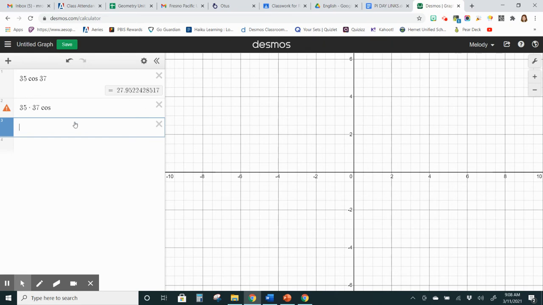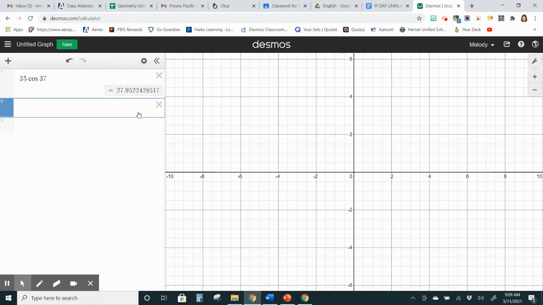Yeah, it doesn't like it because it doesn't work in Desmos, and most Androids don't work that way either. Only if you're using iPhone, you have to type the 37 and then the cosine. So it's a little weird. And then hit equals after that, by the way, if you're using that iPhone. So you would say 35 times 37 cosine enter or equals. But definitely make sure, verify that you can get this answer.